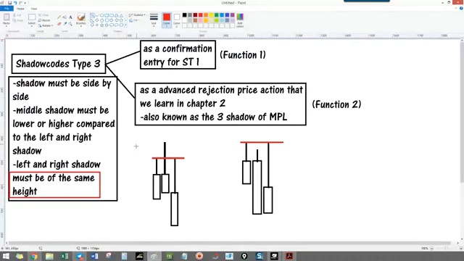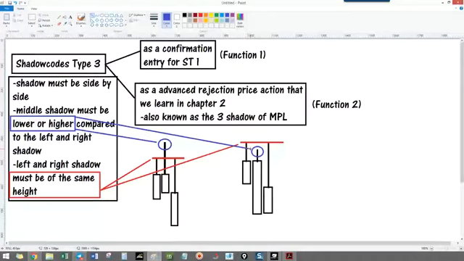Must be of the same height. And then this one, two. Middle shadow must be lower or higher. One, two.